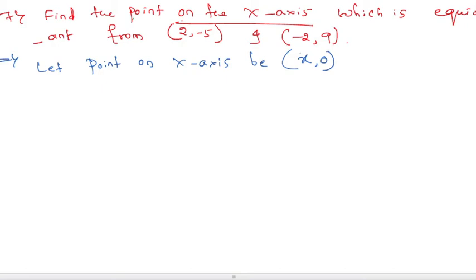Then the distances are equidistant from the points, it is given.